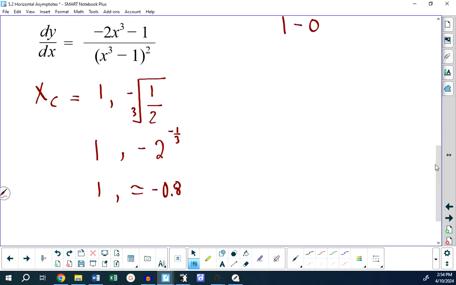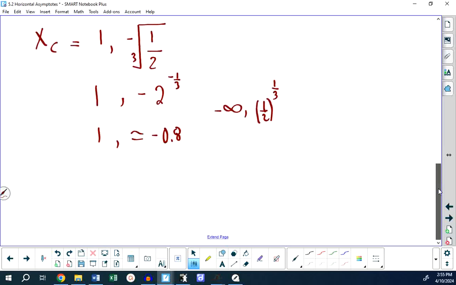Well, it will go from negative infinity to the cube root of 1/2. That's the same number. I'm just writing it as 1/2 raised to the third. It will go from 1/2 raised to the third to 1, and from 1 to infinity.